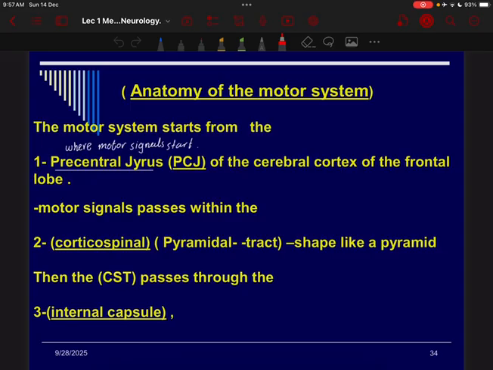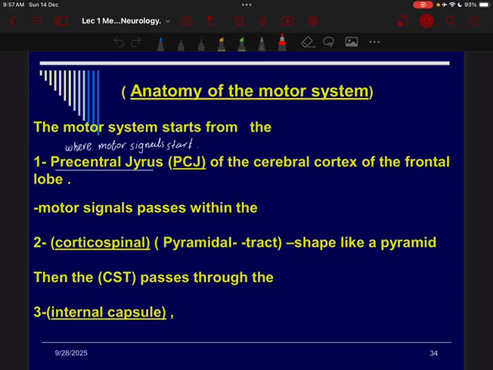And in that area, the precentral gyrus, the motor signal forms, and it passes down to the corticospinal tract. Why corticospinal? Because it joins the cortex to the spinal cord.